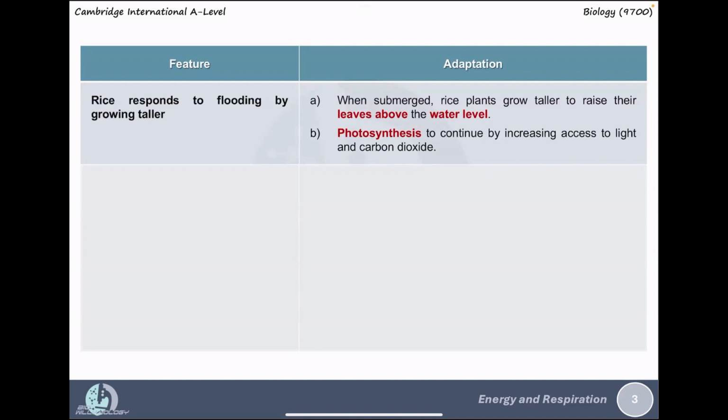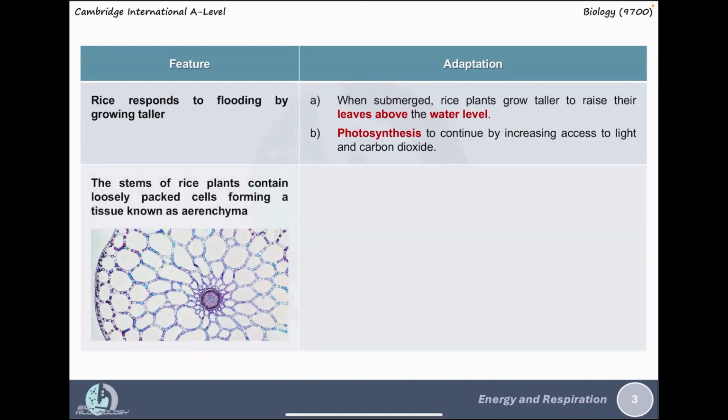According to one article, the growth rate is as fast as 10 centimeters per day when the stem is submerged underwater. When the leaf is above the water level, the growth rate becomes slower because photosynthesis can continue, by increasing the access to light and carbon dioxide.